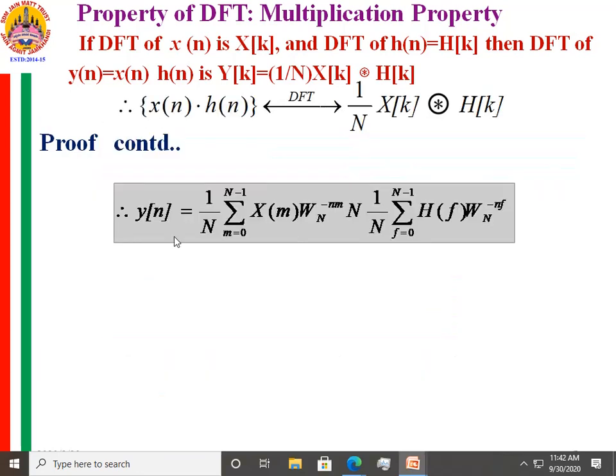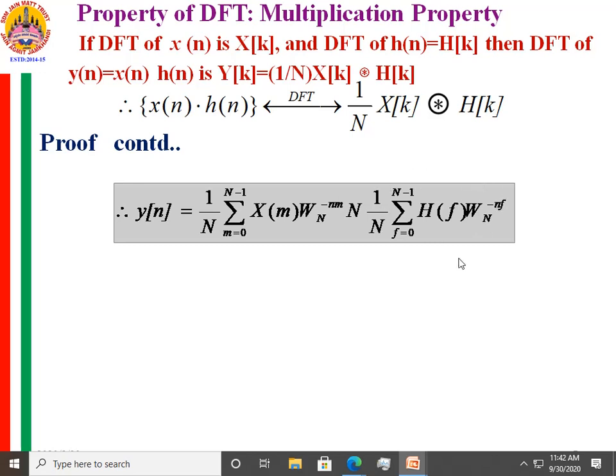So here I have written it as summation m from 0 to N minus 1 x(m) into W raised to minus nm N, and you will remain with summation f varying from 0 to N minus 1 h(f) into W raised to minus nf N.